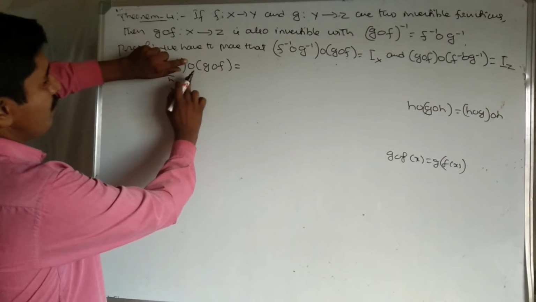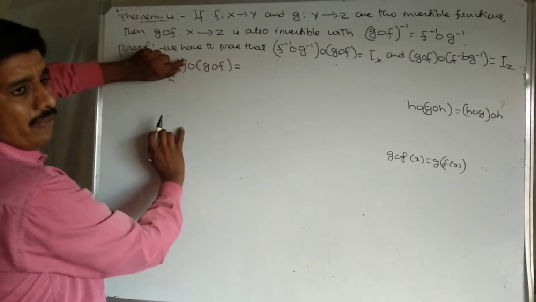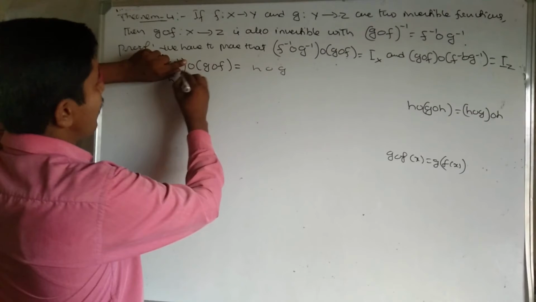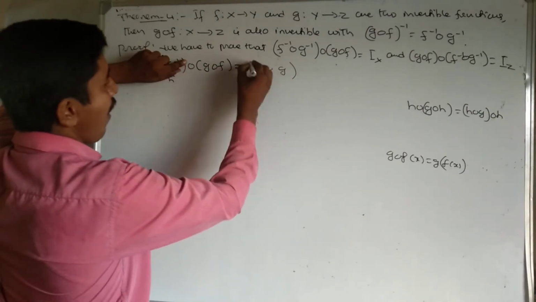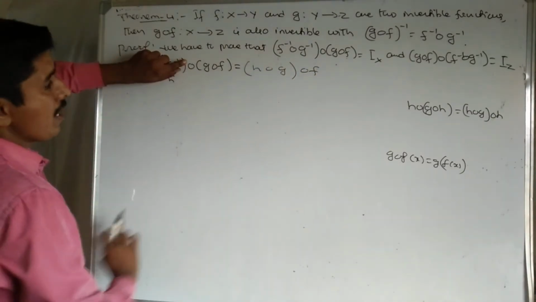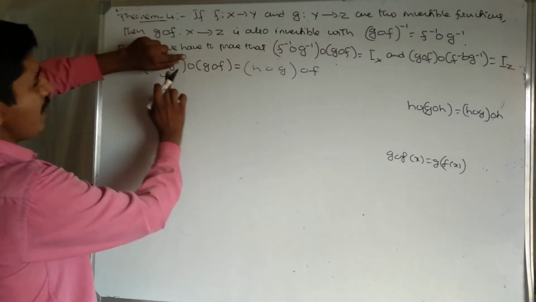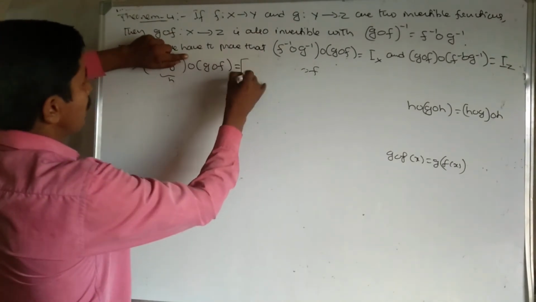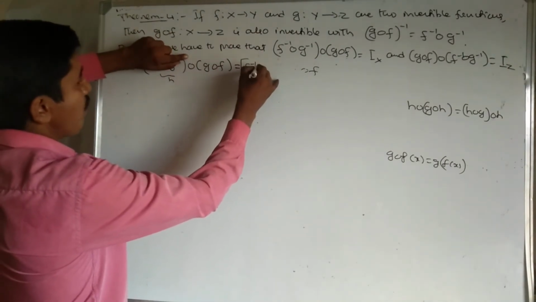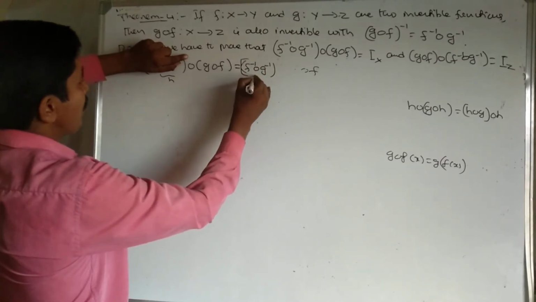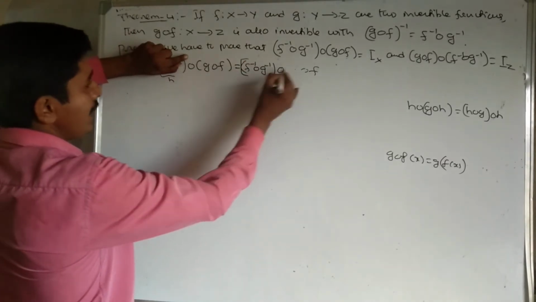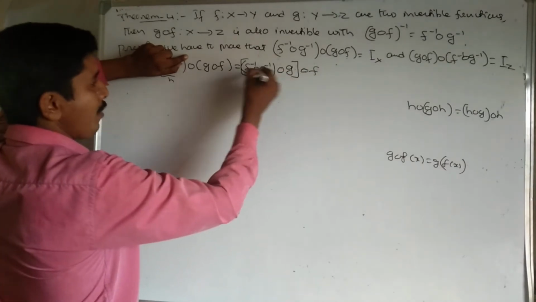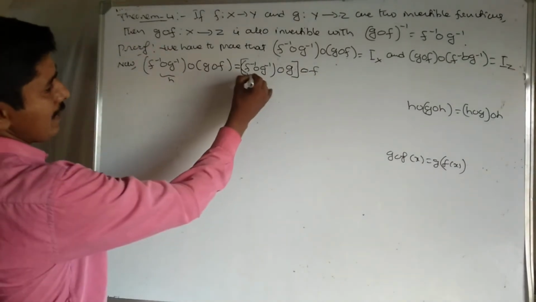Consider this is H O G O F. This can be written as HOG of OF. What is H? H value is F inverse or G inverse. This is H O G of OF. Either you can take round bracket or square bracket.